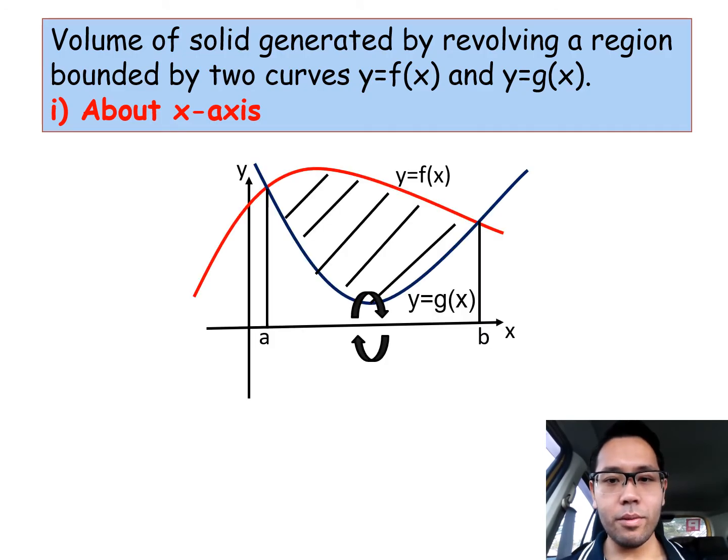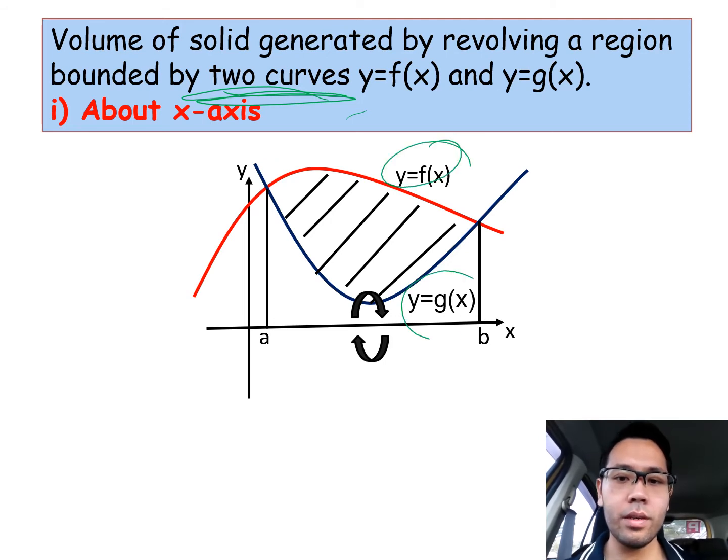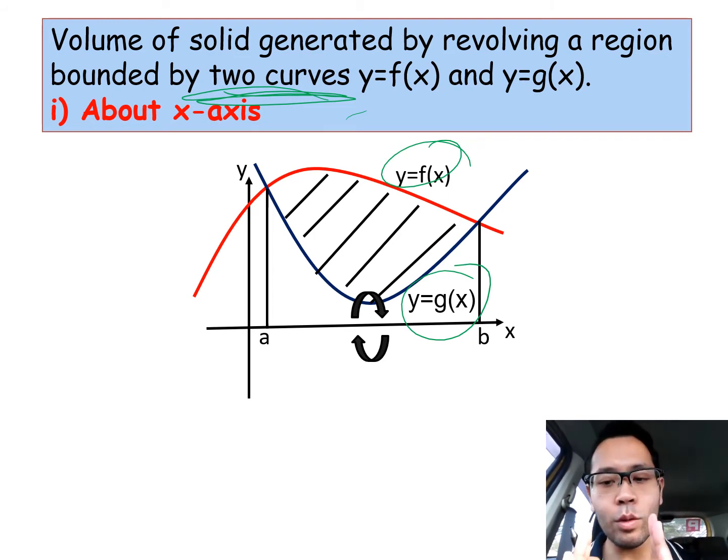Okay, but now we are trying to go when there's a two curve. Okay, so we can see here two graphs. One is F, another one is G. The way of how you solve them is, okay, let's say if we do for area first. How do we do for area?